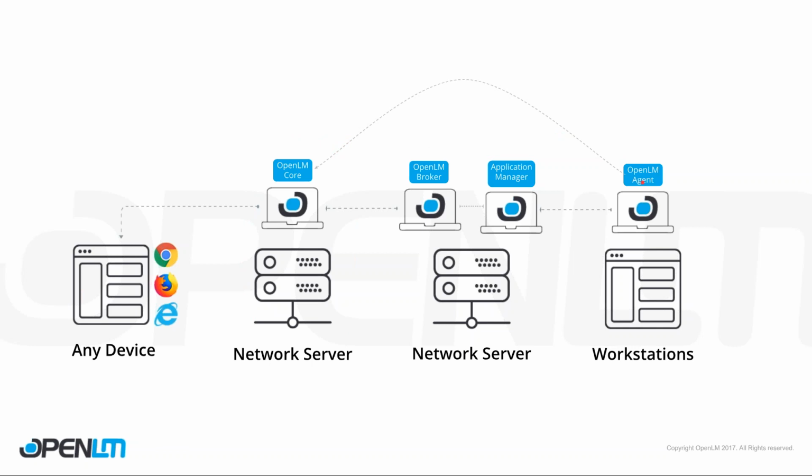So it can either talk to the OpenLM core using the active agent route, agent talks directly to OpenLM core, or the agent can talk to the app manager, the applications manager, through the broker, goes on to the OpenLM core. So we'll first start with this part, OpenLM agent to OpenLM core, meaning active agent.